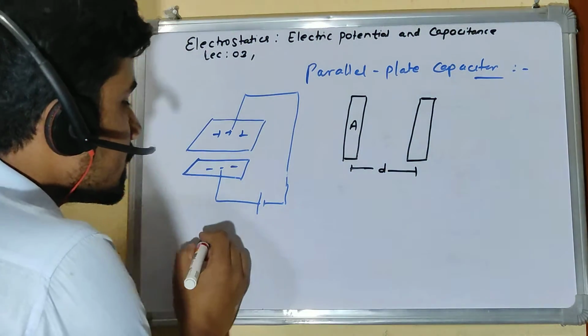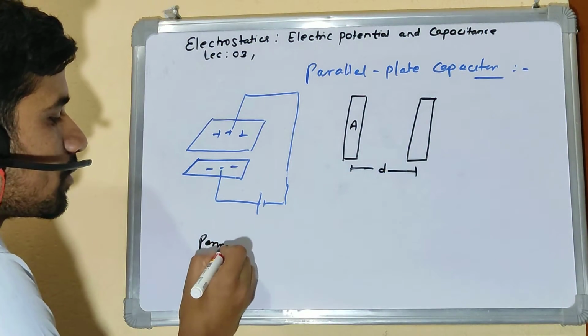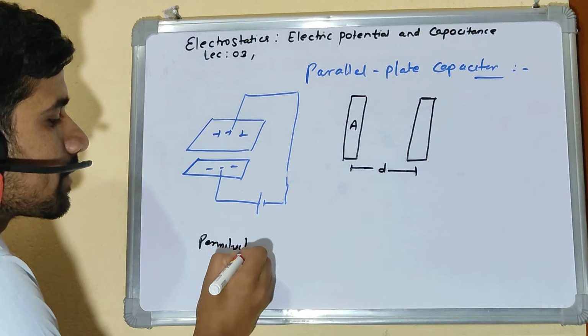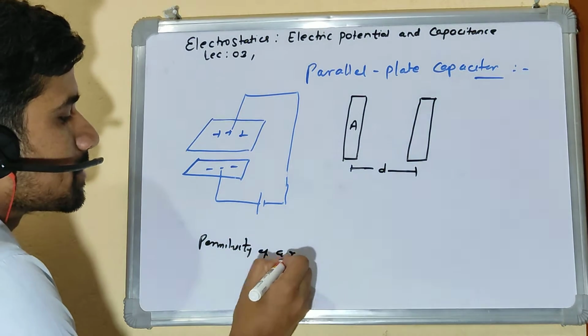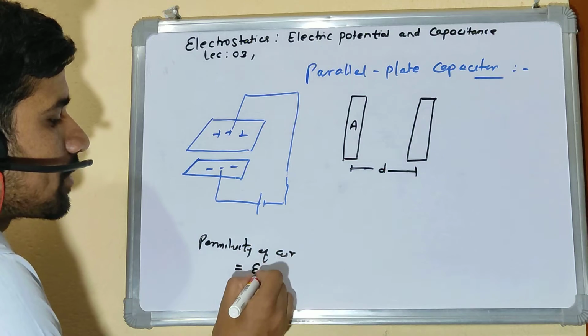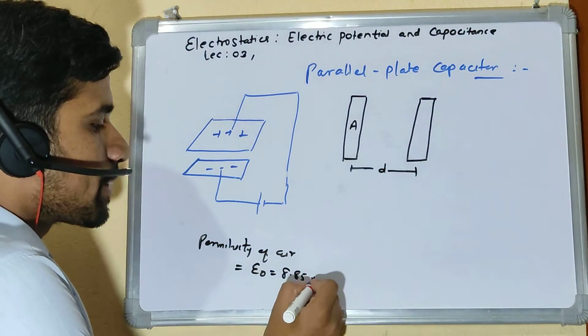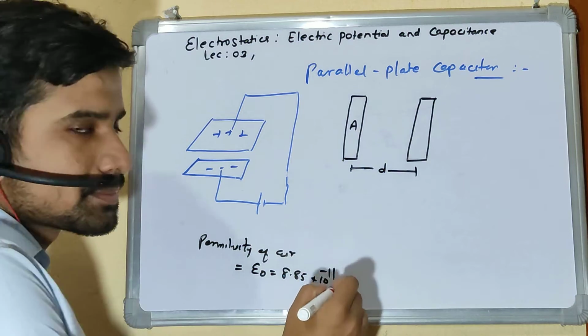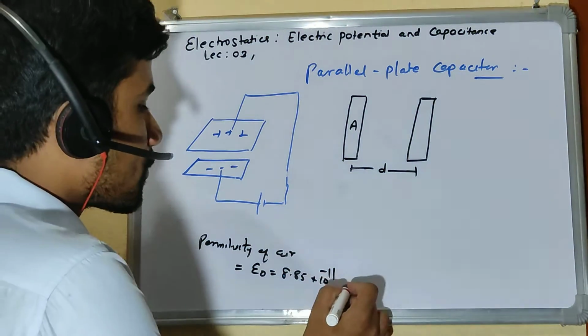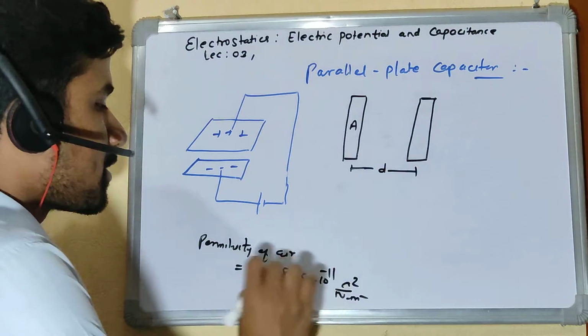So the permittivity for air is epsilon naught, which is 8.85 into 10 to the power minus 11 Coulomb square per Newton meter square.